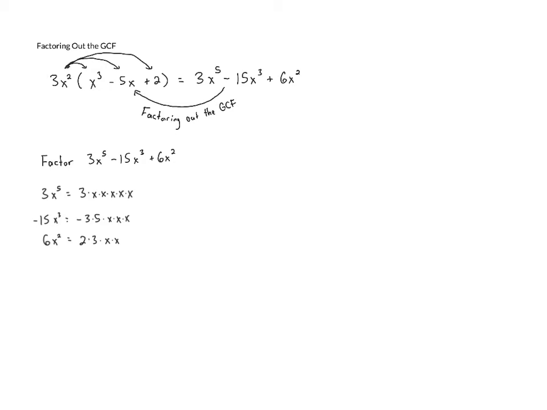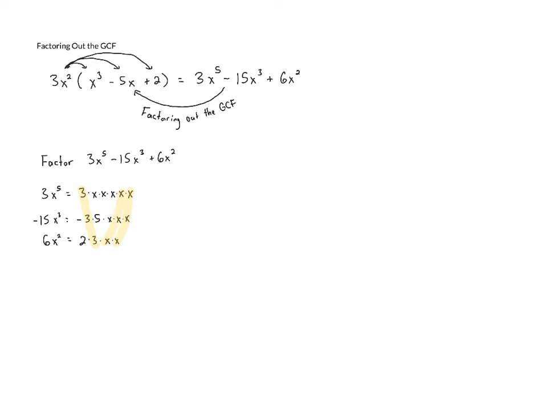So we look at these, and the first thing we want to ask ourselves is, what do these three terms all have in common as far as factors go? We notice all of them have 3 as a factor, and they also have some x's. In particular, each one of them has at least 2 factors of x.